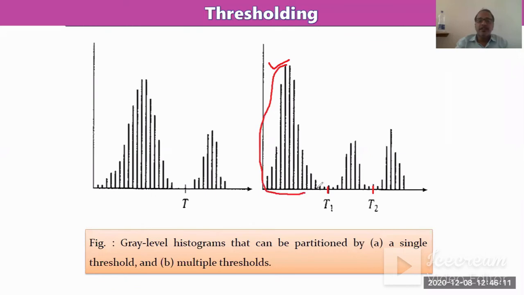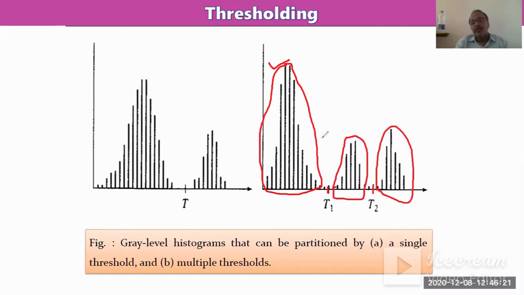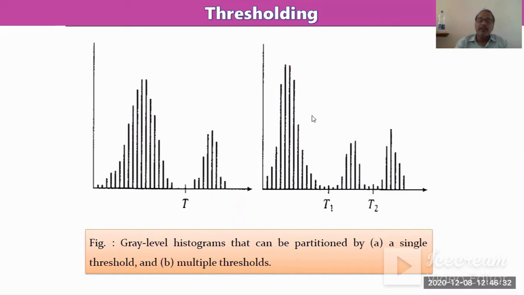This is one region, this will be another region, and this will be the third region. So when we divide the image based on thresholding, it can consist of three objects or three different segments. So this is also possible.